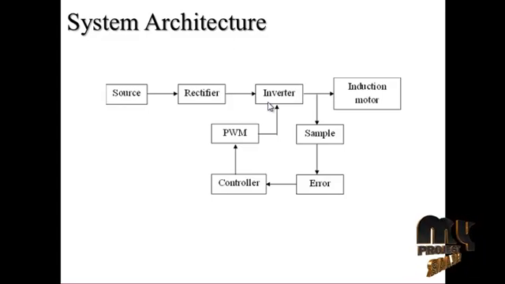The controller used is a PI controller, and the control is based on the error signal. The error is calculated from the output sample and the reference signal, and those samples are obtained from the induction motor. The inverter converts the DC to 3-phase AC, and that 3-phase AC controls the induction motor.